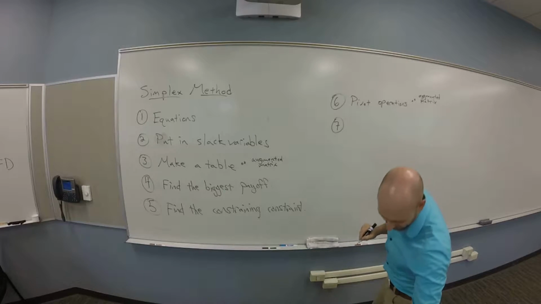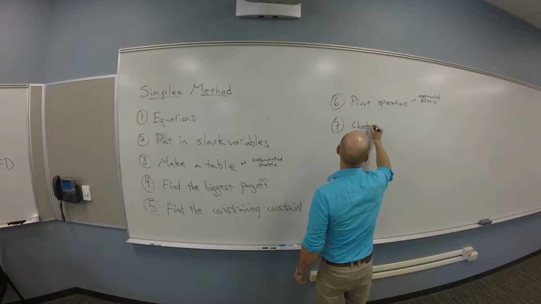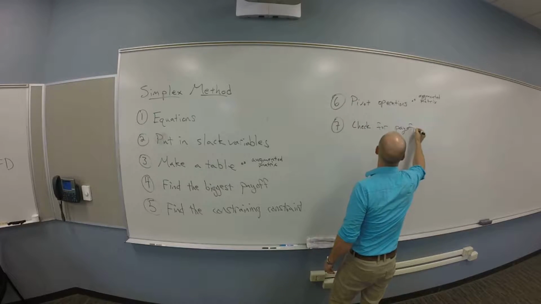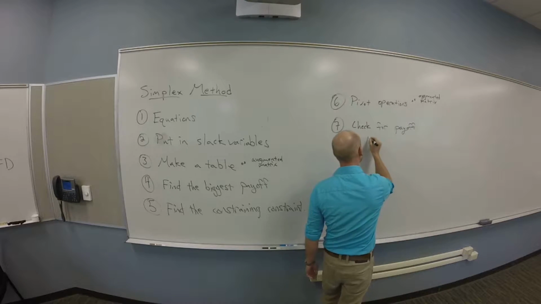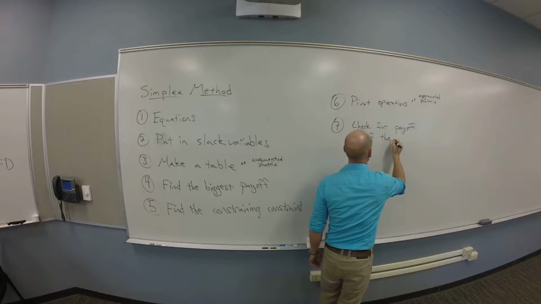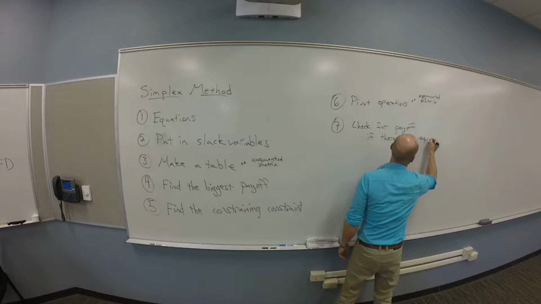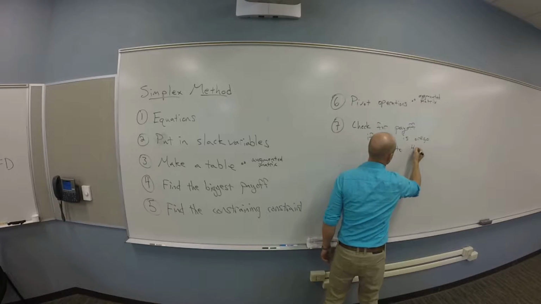And number 7 is going to be check for a payoff. Right? And then if there is one, go back to step 4.